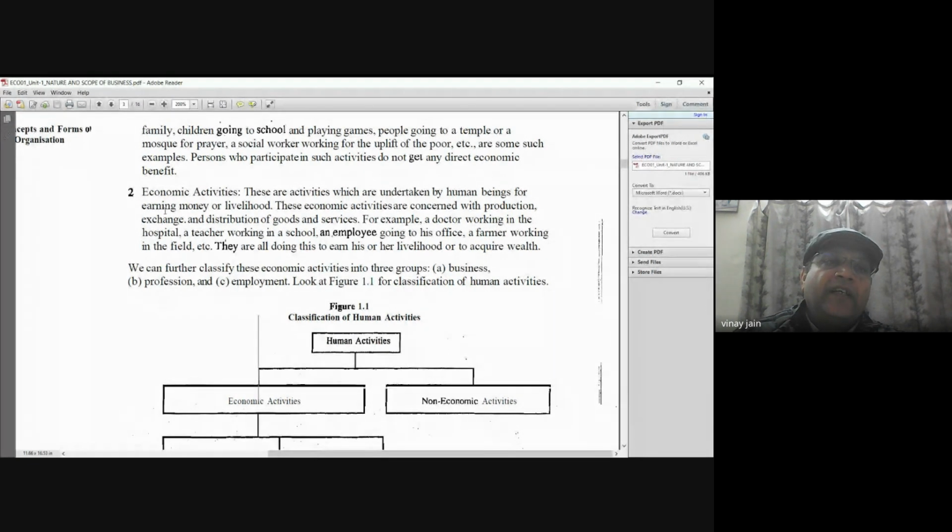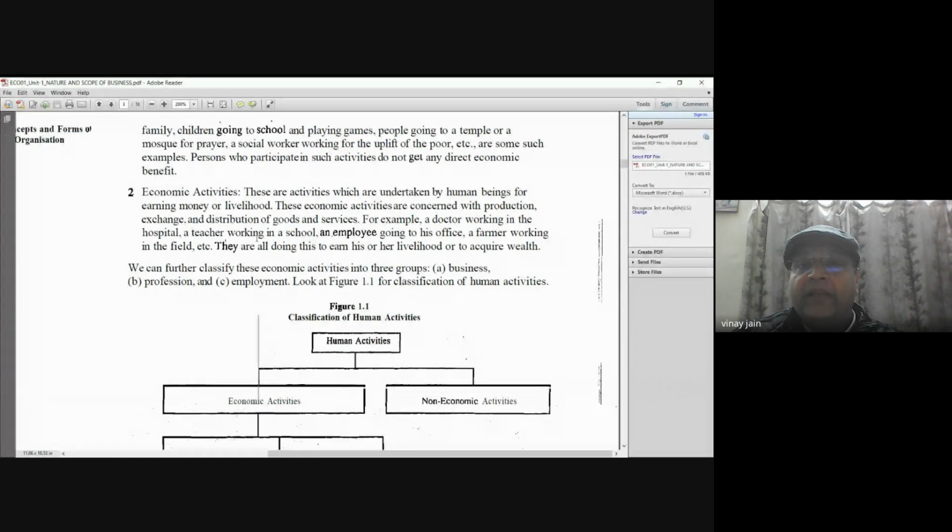So the second is economic activity. These are activities which are undertaken by human beings for earning money or livelihood. These economic activities are concerned with production, exchange and distribution of goods and services.